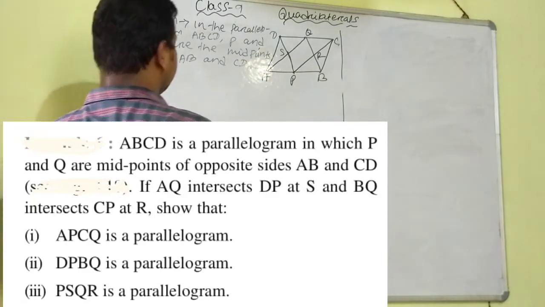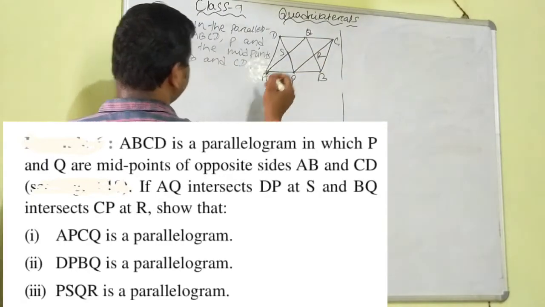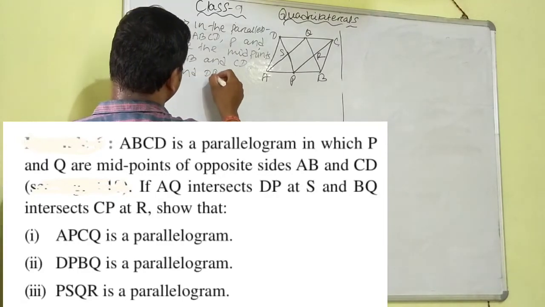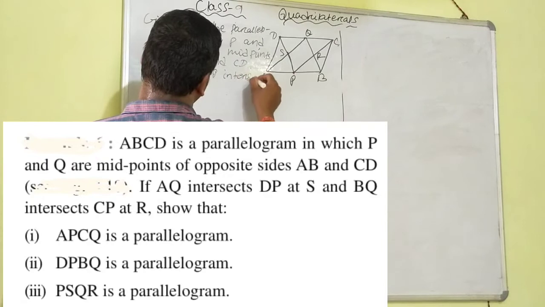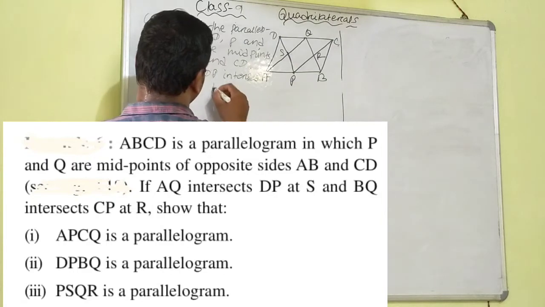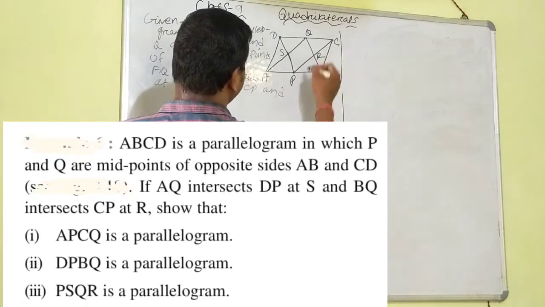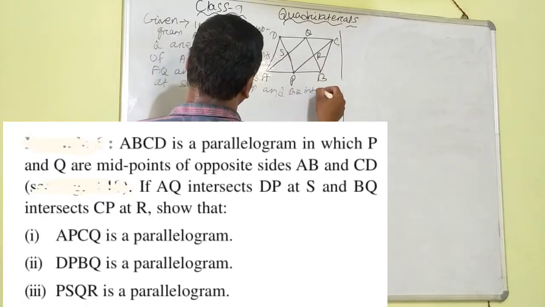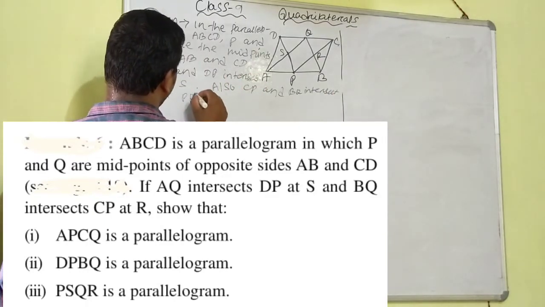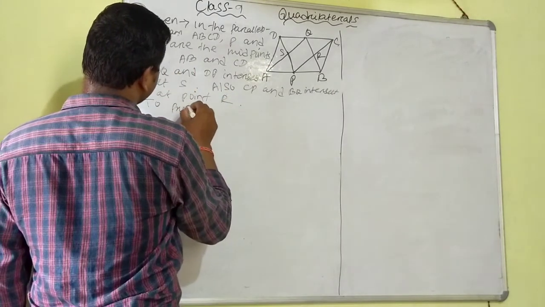AQ and DP intersect at S. Also CP and BQ intersect at point R. This much. Then we have to prove three things here.